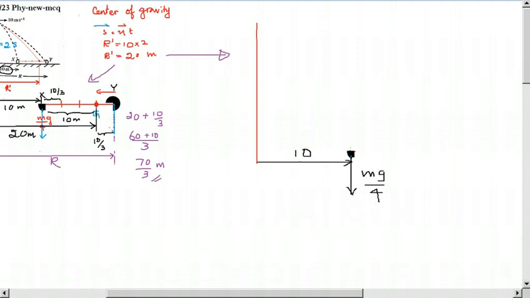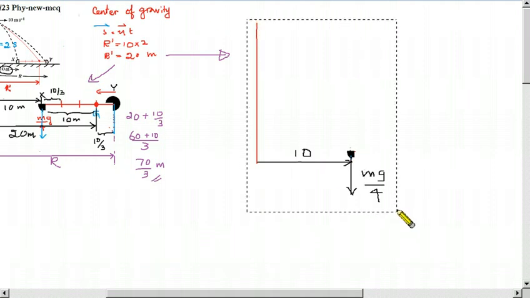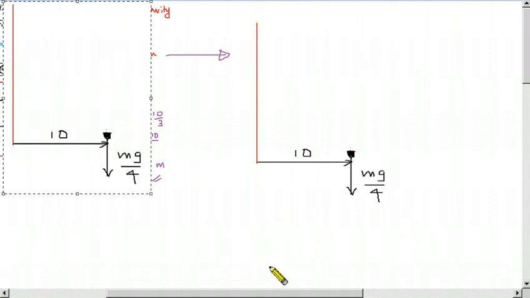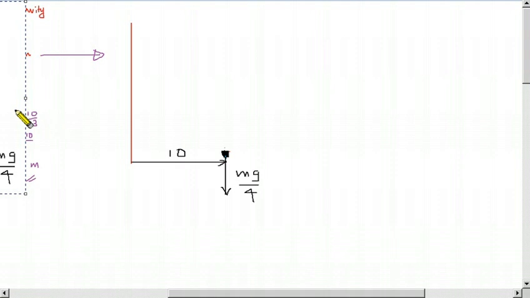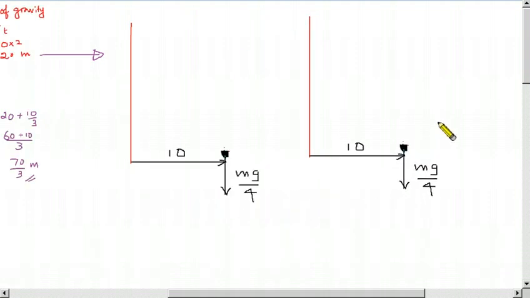Then again we are drawing another diagram for y. I don't draw all these things in the same diagram, because then it will be complicated and you will not understand.